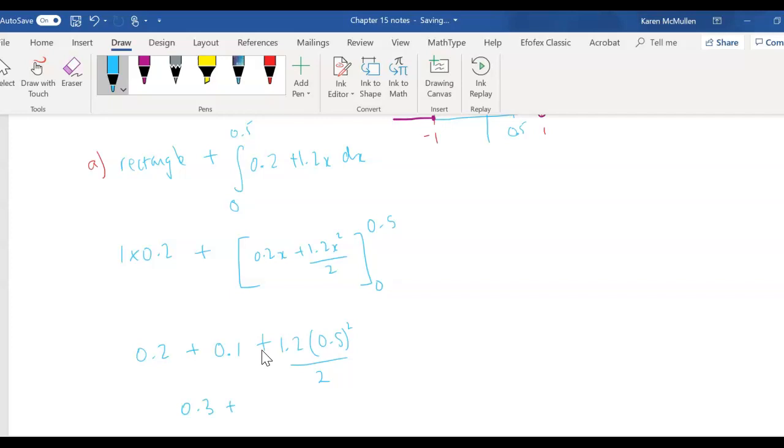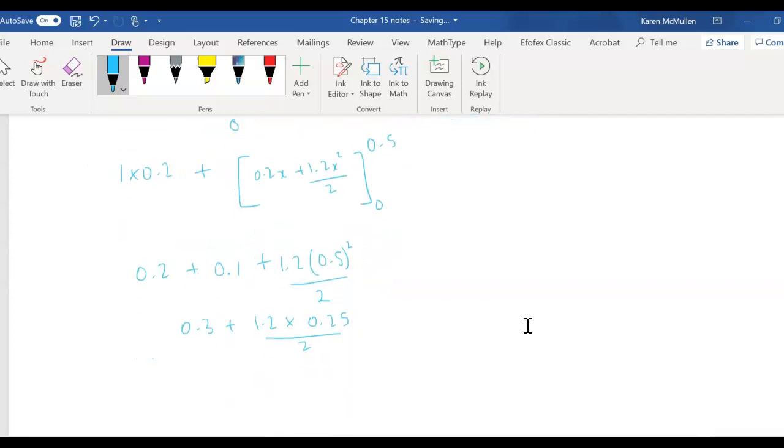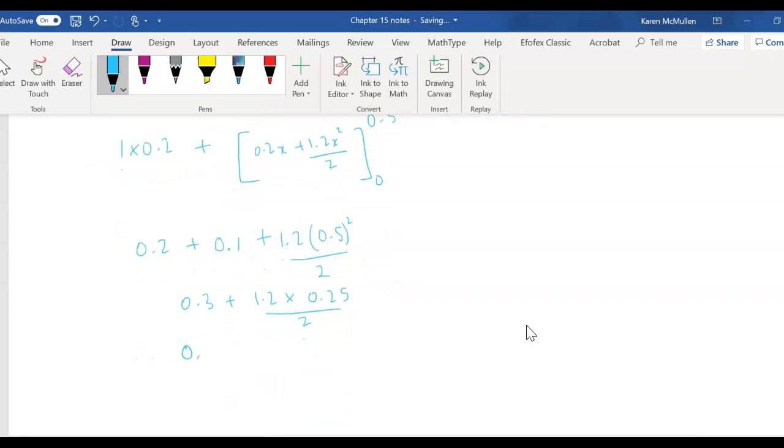0.5 squared is 0.25. Yeah, definitely easier to do with fractions, but anyway. Testing my knowledge of decimals. So 1.2 times 0.25. Oh my gosh. All right, so 1.2 as a fraction is 6 over 5. I'm just going to convert it into fractions.